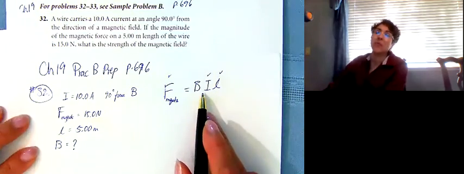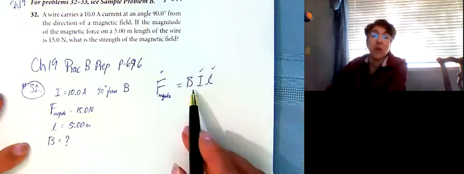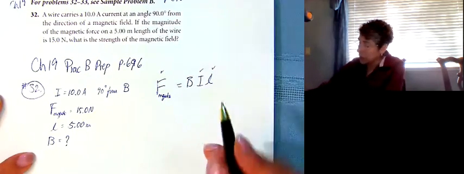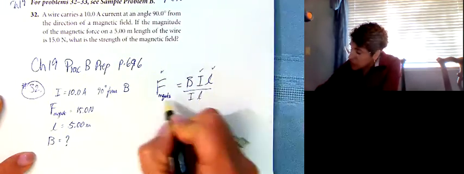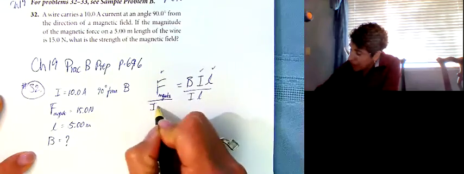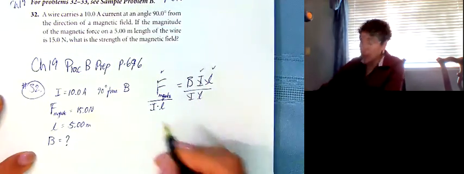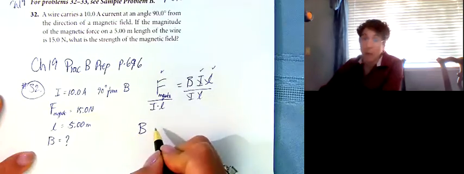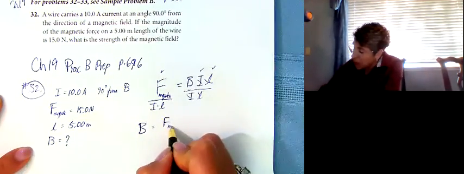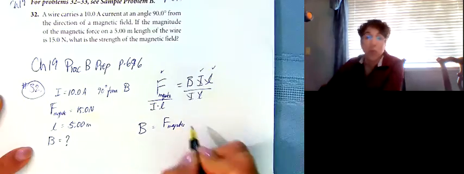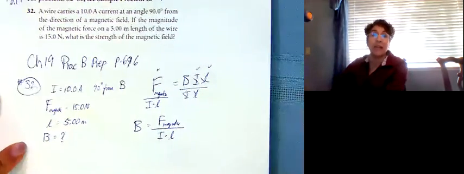Now you guys are really good at reducing it to the variable that you want to solve for. I want to solve for B, so clearly I need to divide both sides by I times L. So my I's cancel out, my L's cancel out. Then I have B, my magnetic field strength in Tesla, is equal to the magnetic force in newtons, divided by the current times the length.